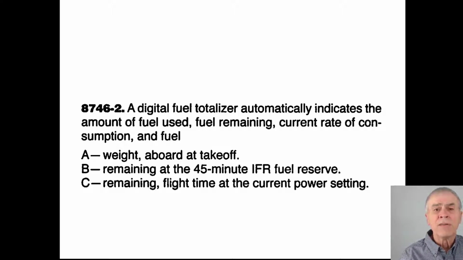Well, that'd be like a historical record. So no, it gives you live records, and aboard at takeoff would almost be noted in the records. B, the fuel remaining at the 45-minute IFR fuel reserve. That's instrument flight rules. I didn't know of a regulation that requires that. Let's see what the last one says.